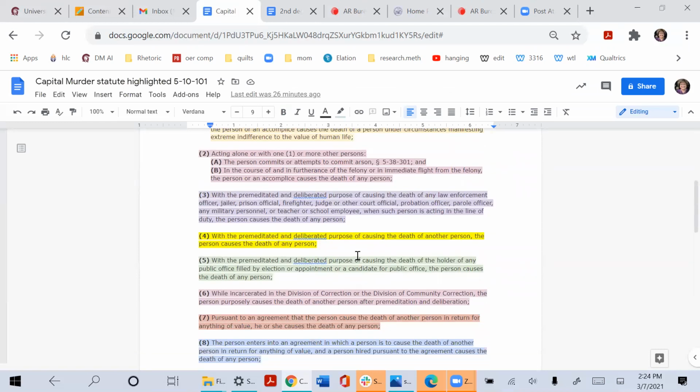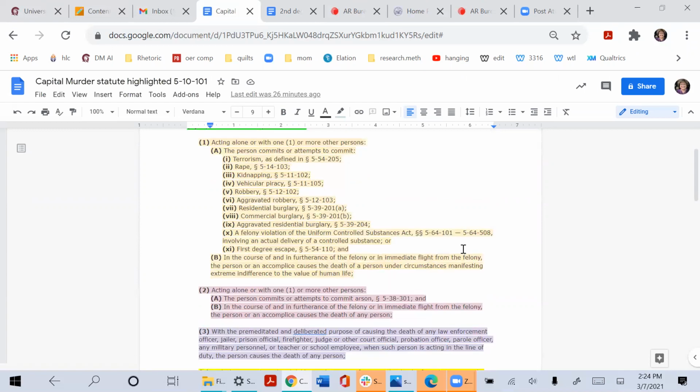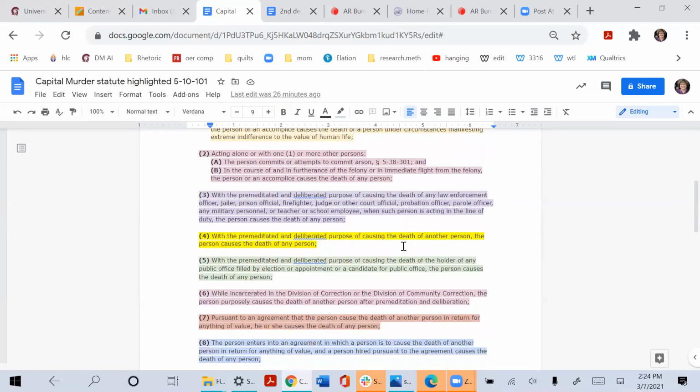So the point that I want you to get from this is that you need to pay attention to the adverbs in the statutes. You need to find which of the subversions of the statute describes the general variety of that kind of murder.